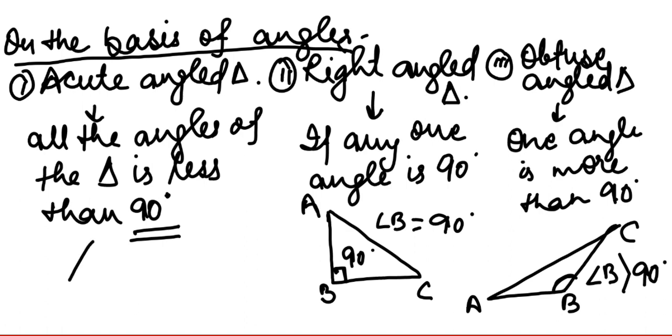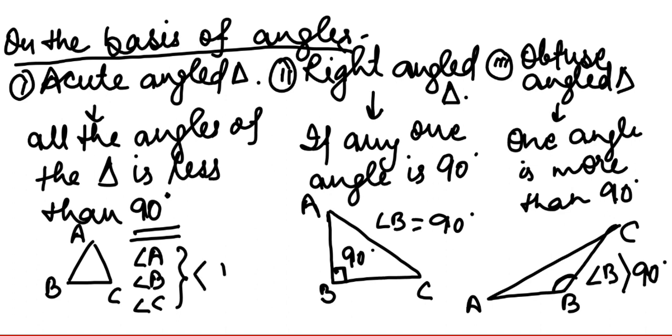And in acute angled triangle, if we have triangle ABC, then all the angles, angle A, angle B, and angle C, will be less than 90 degrees. Then we will say that it is an acute angled triangle. If any one angle of the triangle is 90 degrees, then it is a right angled triangle.